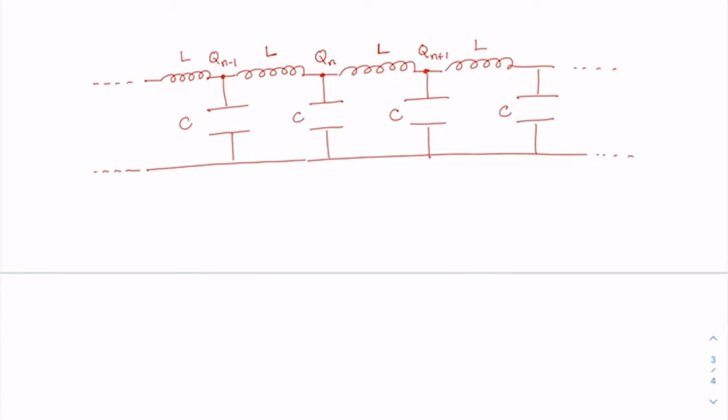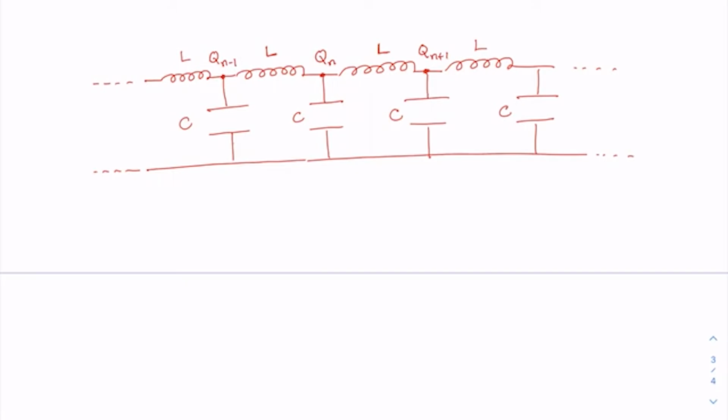First we will consider the discretized version, and then we will go over to the continuum version by assuming that the charges vary very slowly as a function of position.